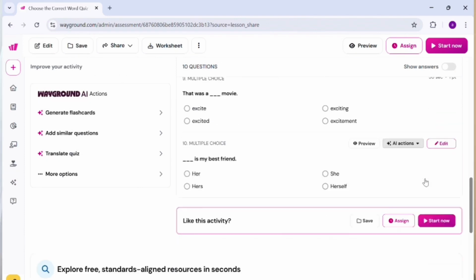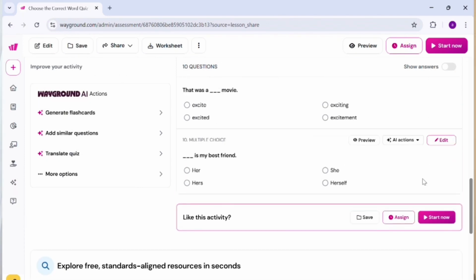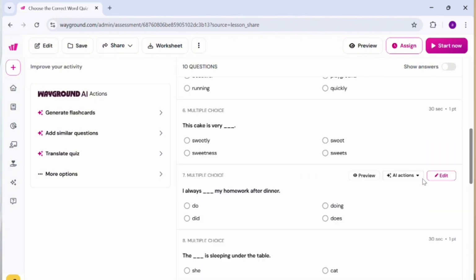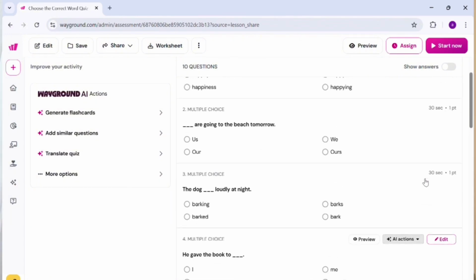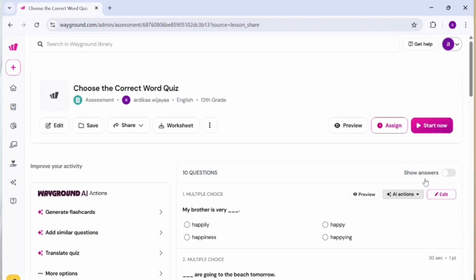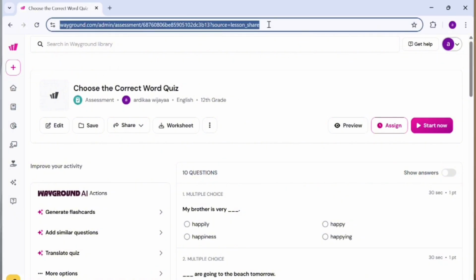So the purpose of this task is to reinforce recognizing and applying word type in sentence context. This task supports learning objective number 3. Oh yeah, you can get this quiz link in the description below.